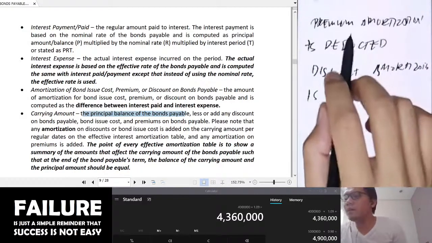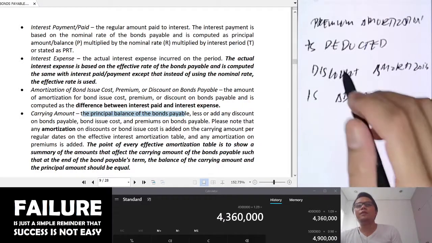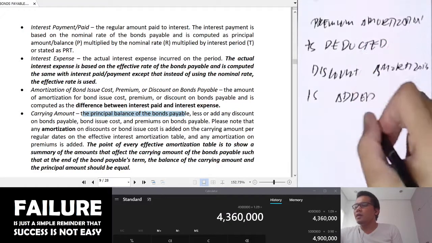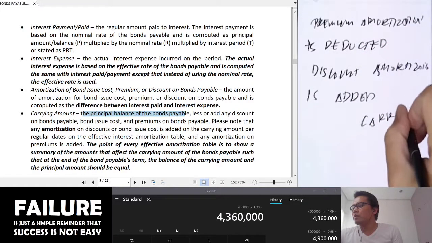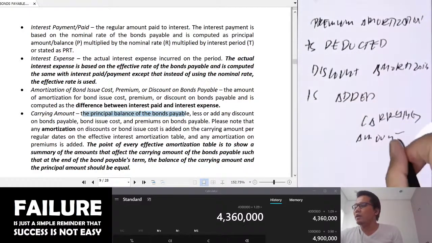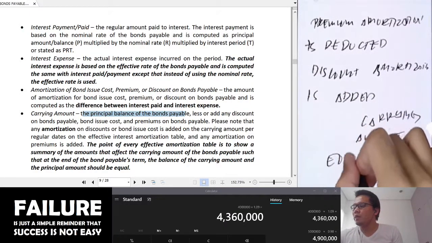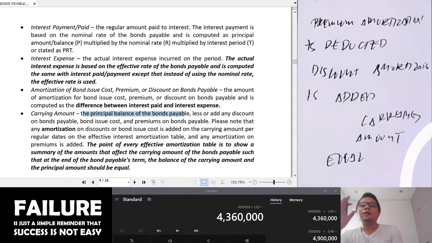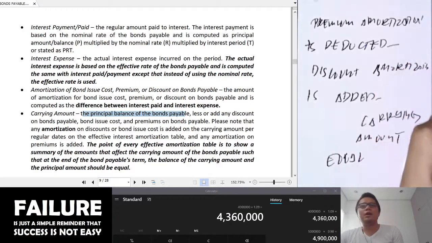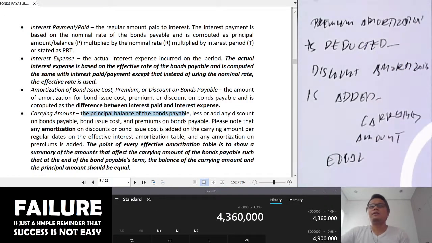Kasi nga, ang point natin in every effective interest schedule is to make this carrying amount equal sa face amount at the end of the term. That is why any premium amortization is deducted, any discount is added. So later on, makikita niyo yung effect niyan.